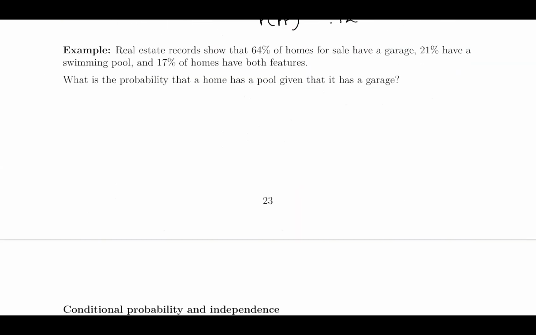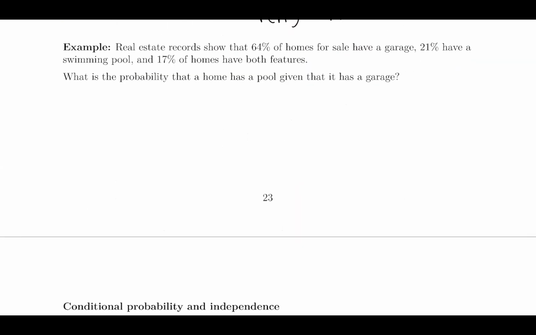All right, so let's move on to this garage one. For this one, it said real estate records show that 64% of homes for sale have a garage, 21% have a swimming pool, and 17% of homes have both features.